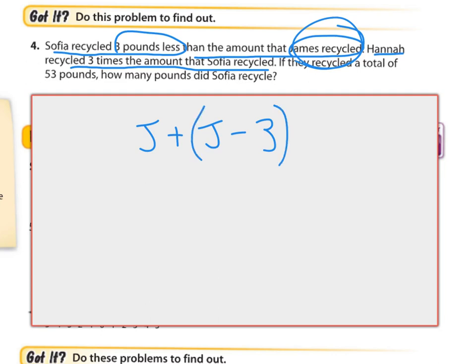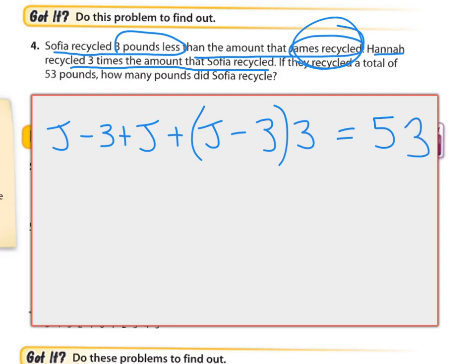There we go. But we are forgetting to include Sophia, so we should probably include Sophia one more time. There we go. This is Sophia, this is James, and this is Hannah. And all of that is equal to 53 pounds.